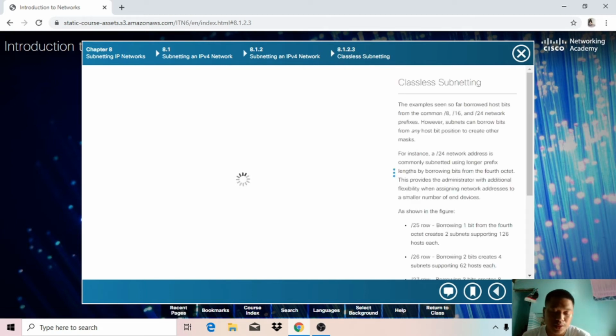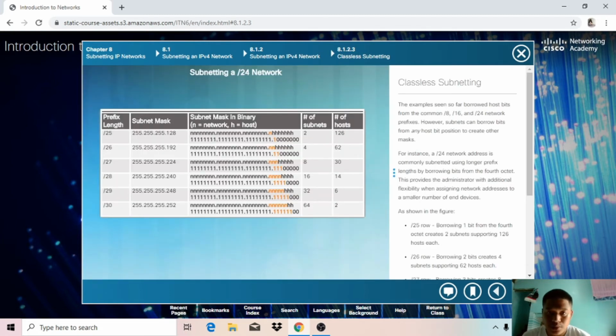So let's wait, the internet is very slow. Classless subnetting. The examples so far borrowed 24 bits, which is common for the 8, 16, and 24 bit networks. However, a subnet can borrow bits from any host bit position to create other masks.